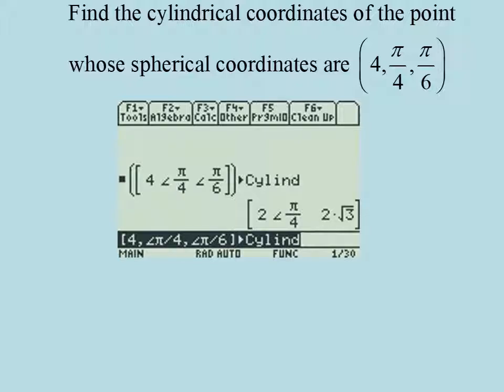Now also remember that on the spherical coordinates, when you enter those into the calculator, you want to use an angle bracket on the second and third coordinates.